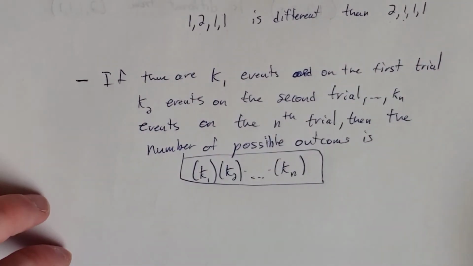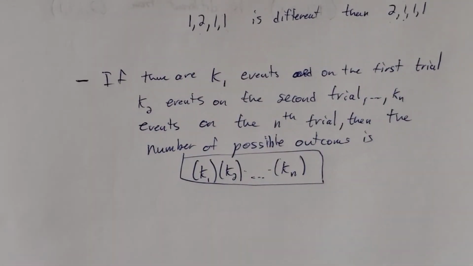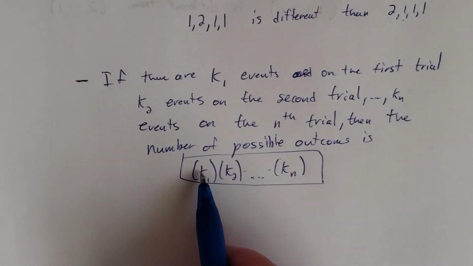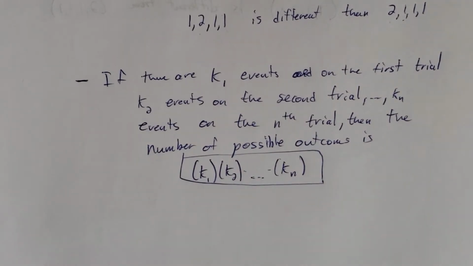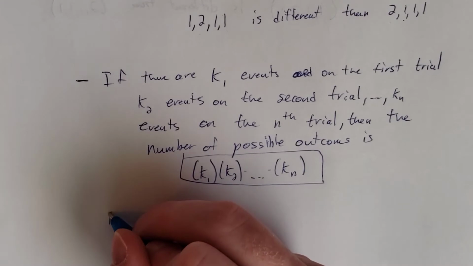That is our total number of outcomes if we have k sub i different events occurring for the ith trial.